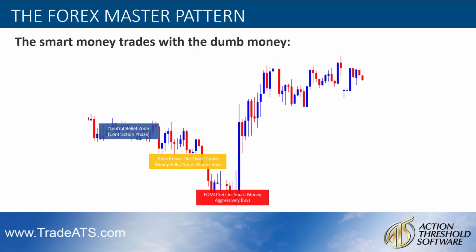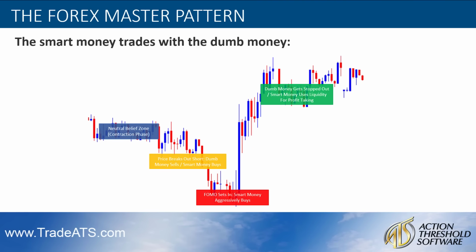Okay. The opposite of this, because this is the expansion phase, and we know that from what we're doing, we know this is the second phase. This is where the FOMO sets in. Smart money starts to aggressively buy the other side, because the dumb money traders are starting to sell more and more and more because they're chasing the market, and smart money accumulates the other side of that, and then the market goes in its actual direction, which is up in this case.